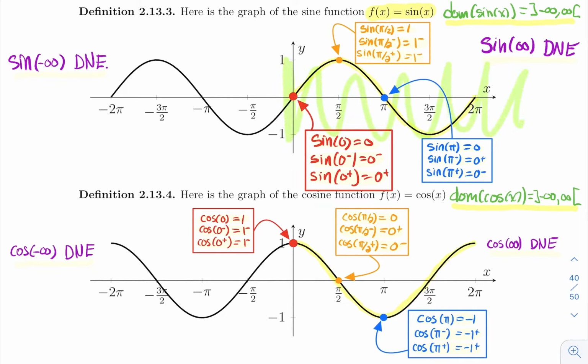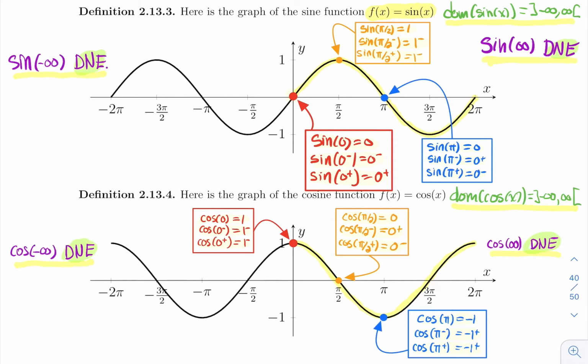This is why, if you're computing the limit as x goes to infinity or minus infinity of sine or cosine, you get does not exist. So if you're plugging infinity inside a sine function, sine of infinity, sine of minus infinity, cosine of infinity, or cosine of minus infinity, all of them do not exist. That deals with the open endpoints of those domains.